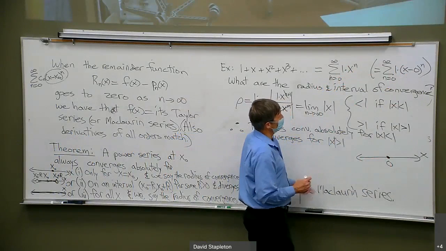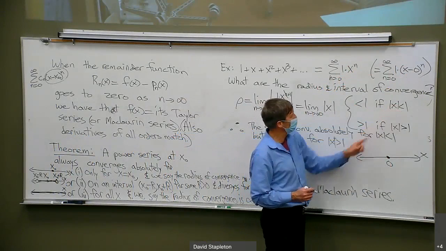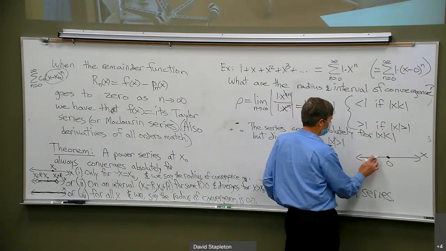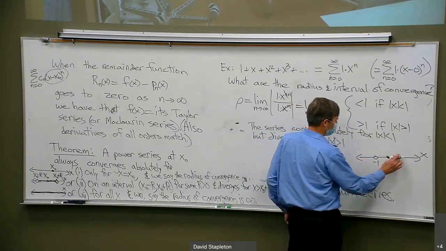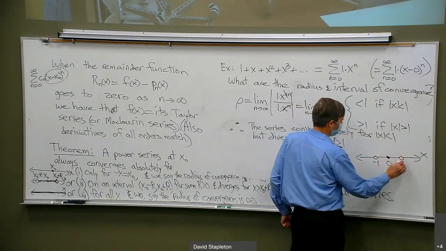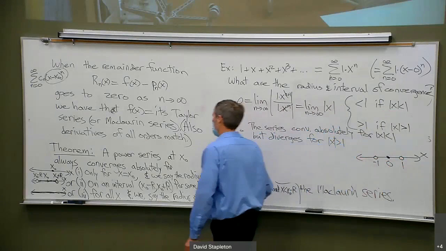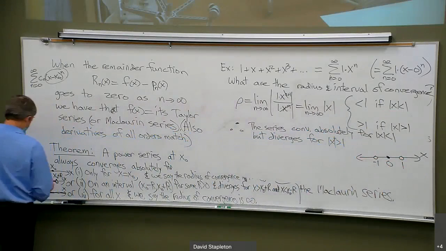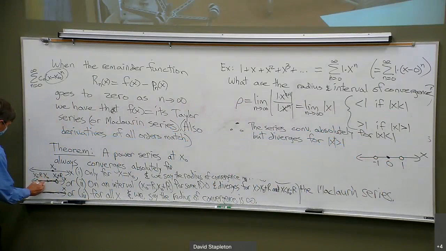But now it says, what is the absolute value of x less than 1? That means you're between plus and minus 1. And sure enough, we got a symmetric interval of width 1. And I should have marked over here on this picture R and R, right? The radius of the circle from the center to the endpoint.